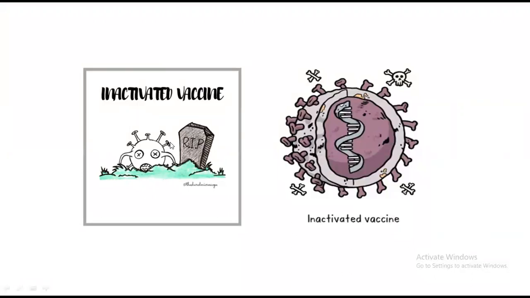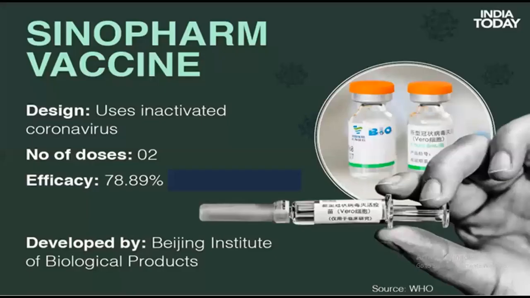The coronavirus is taken as a whole, and it is inactivated by different chemical parameters, and after that it can no longer create an infection, and it is used as a vaccine and injected into people. So the Sinopharm vaccine is inactivated coronavirus, the number of doses is 2, and the efficiency is 78.89%. And this is developed by the Beijing Institute of Biological Products.